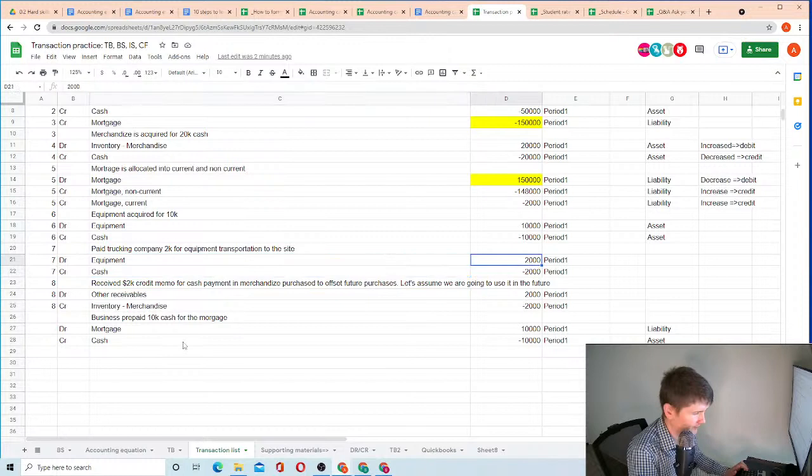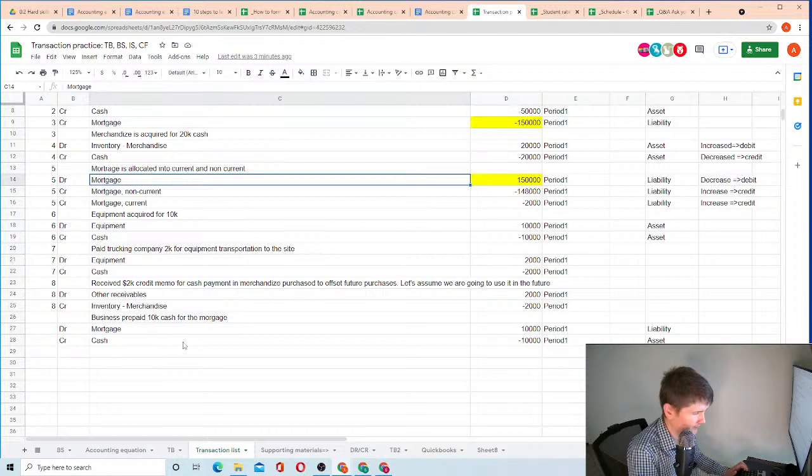In similar fashion, that would work with inventory. If you paid someone to bring your inventory to your place, that cost will also be capitalized in the cost of inventory and expensed only when you sell that inventory.